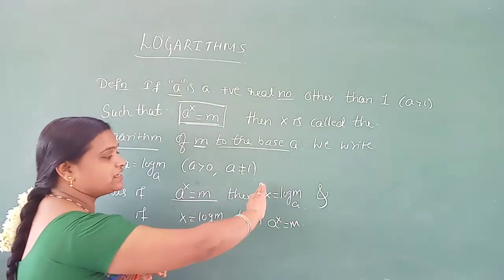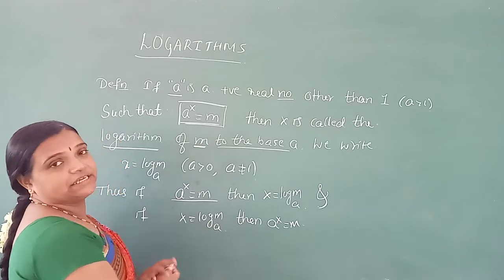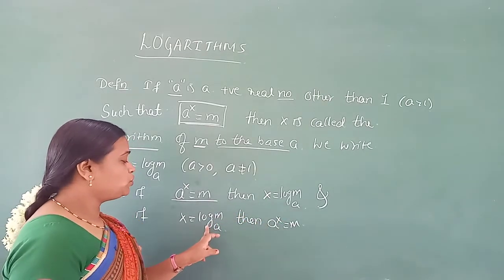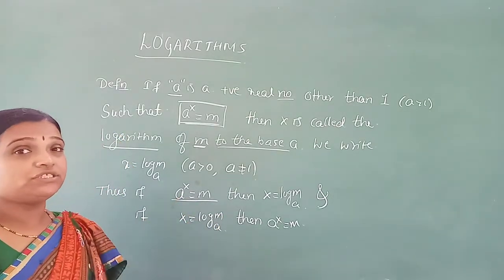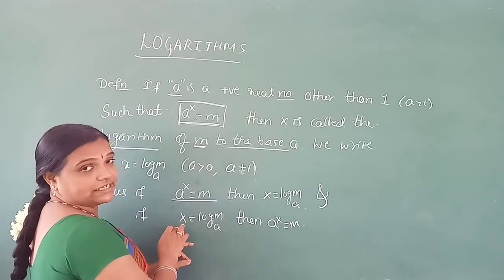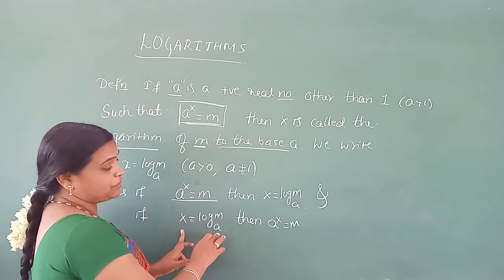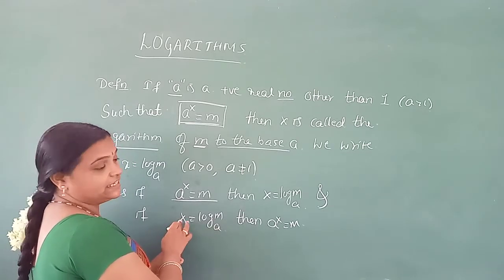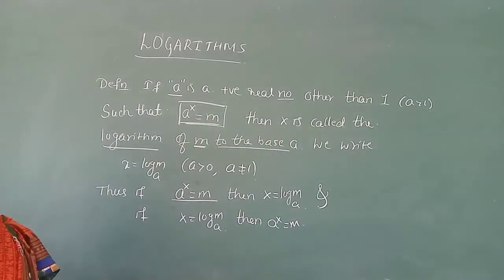Or suppose I take the reverse form, that is x is equal to log m to the base a, given in terms of logarithmic form, and that can be written in exponential form. That is, this x is the power or index of a. Therefore, this base goes to the right hand side, and that is a to the power x equal to m.